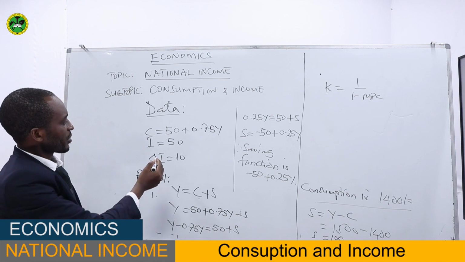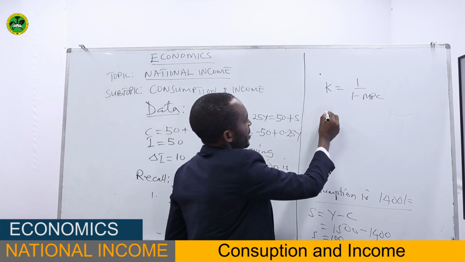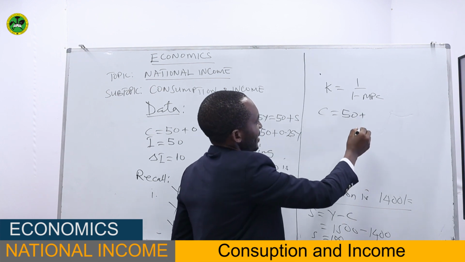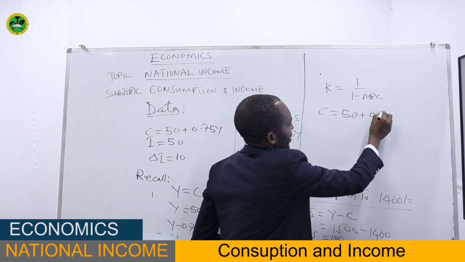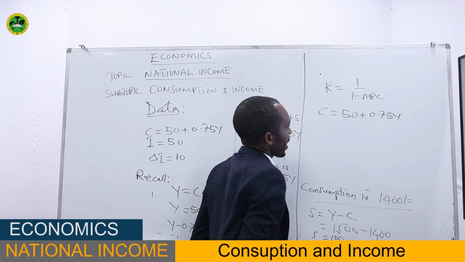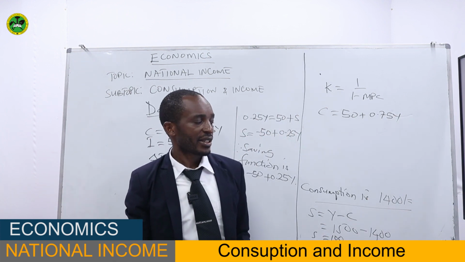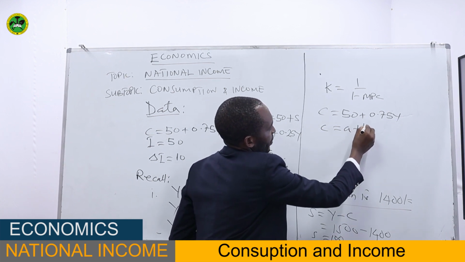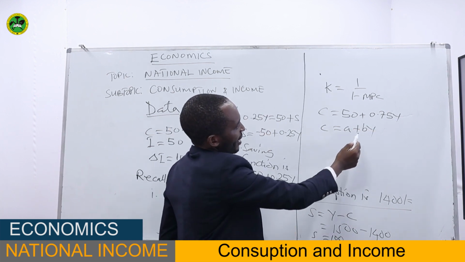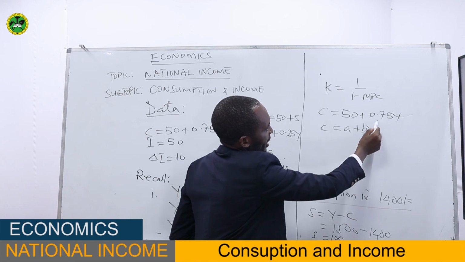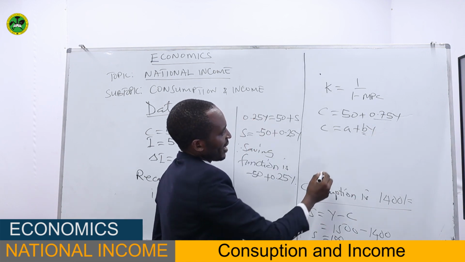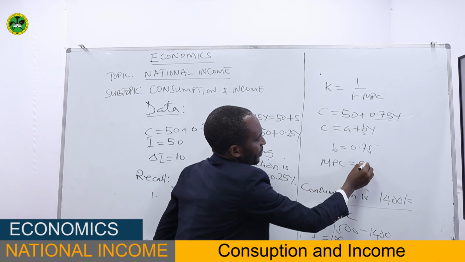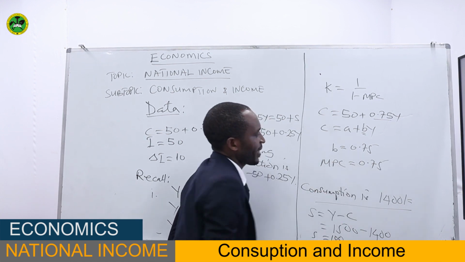So from our consumption function, we have C equals 50 plus 0.75y. When you compare with the equation C equals A plus BY, that means B will be the same as the MPC, which is 0.75.